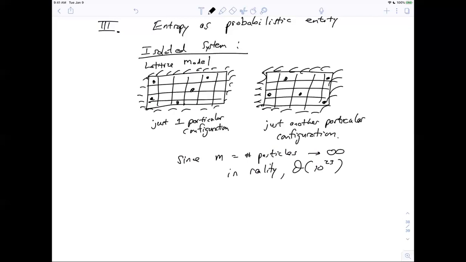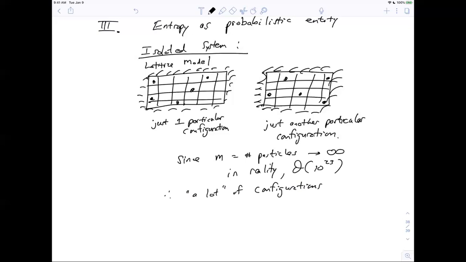So it's a very large number, and there are a lot of configurations at the microscopic or molecular level.